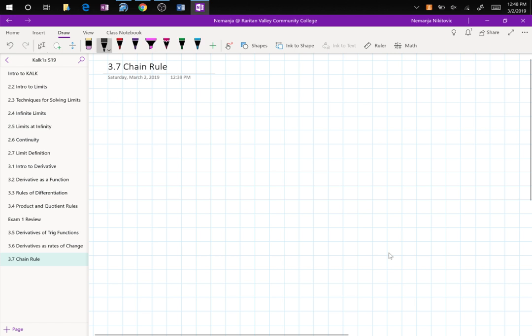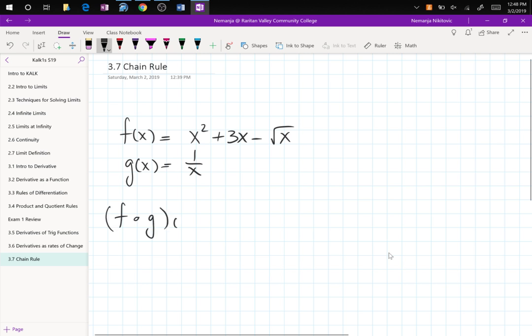So if you remember, you have f of x equals x squared plus 3x minus square root of x, let's say. And then you have another function, g of x is, I don't know, 1 over x, whatever. Your f composed with g of x, or simply f of g of x, is going to be when you plug g into f.